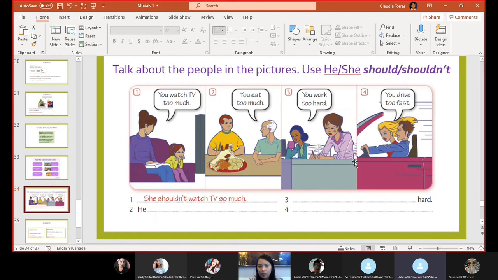Number three, she shouldn't work so hard. Yeah, she shouldn't work so hard. Yes. She should stop working earlier. Yeah, she's sweating. Or maybe she should work part-time, or maybe she should enjoy her free time, and she should have more free time, or she should talk to her boss, right?